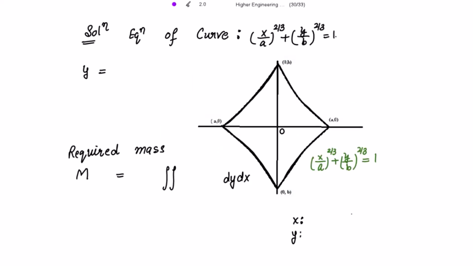Okay, the given equation of the curve is x over a power 2 by 3 plus y over b power 2 by 3 equal to 1, and the graph of this equation of the curve is this, right? This is the point, let's say, A having the coordinates a, 0. Let this distance be a.